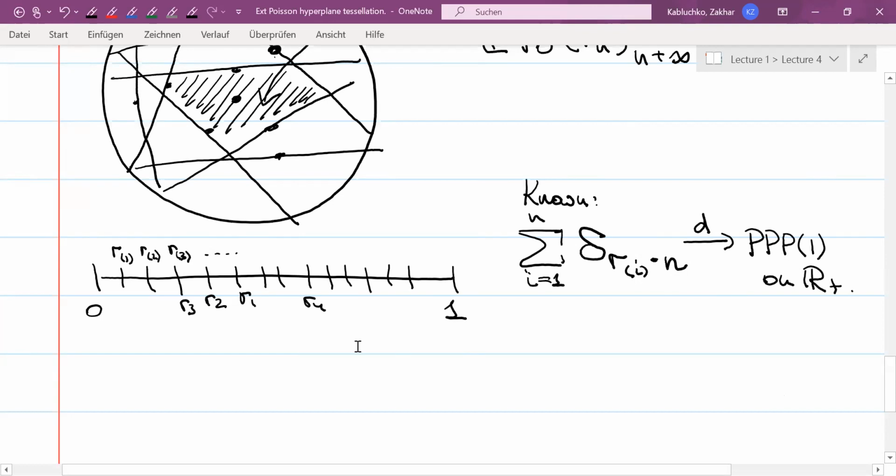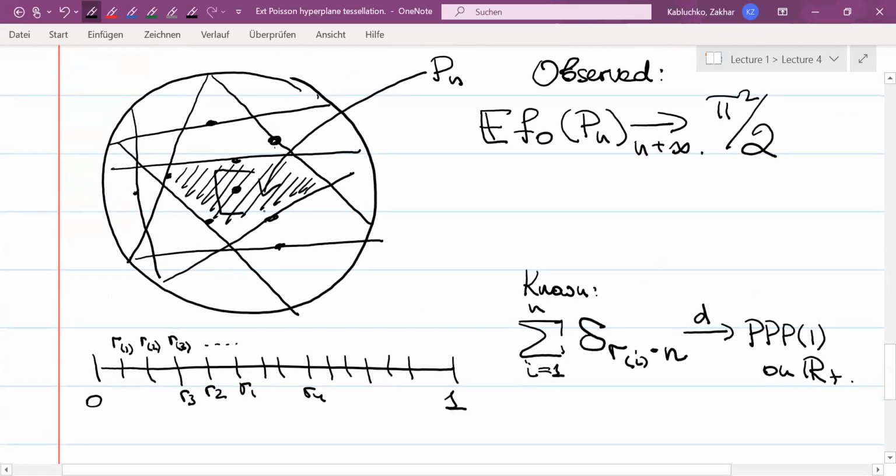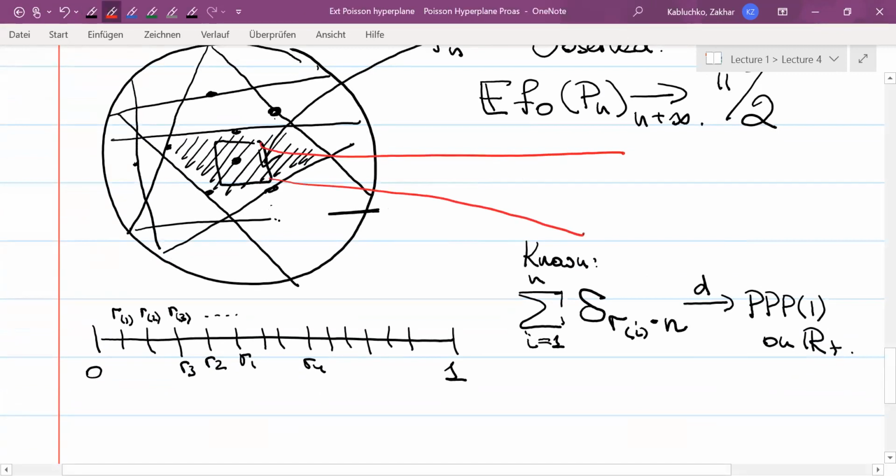It's a known fact. And now if we take this picture and take a microscope which multiplies everything by n, then what we see under this microscope, looking at a very small neighborhood of the origin, well, here we see nothing because there are no lines in this very small neighborhood.